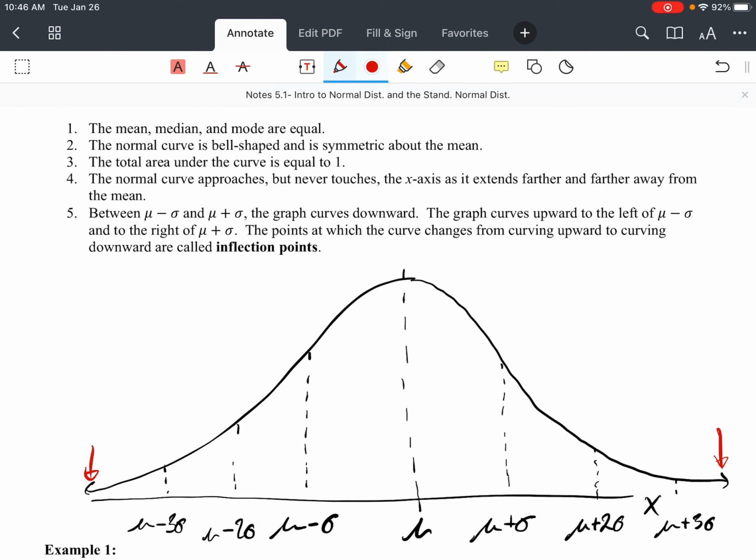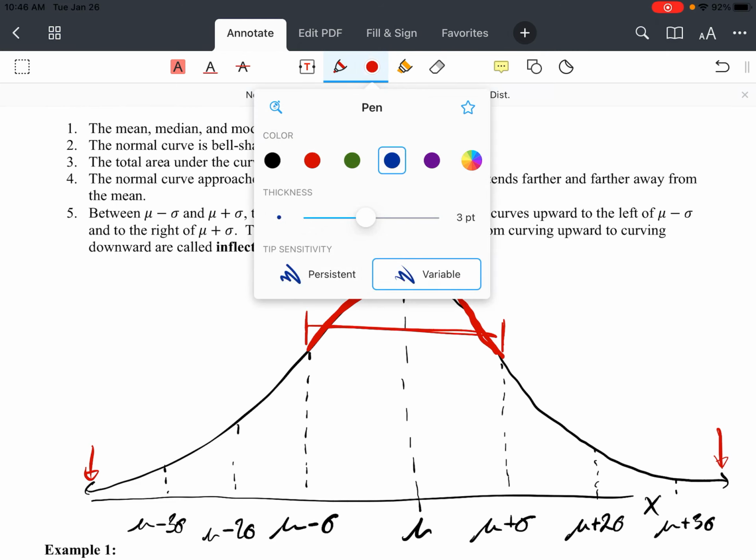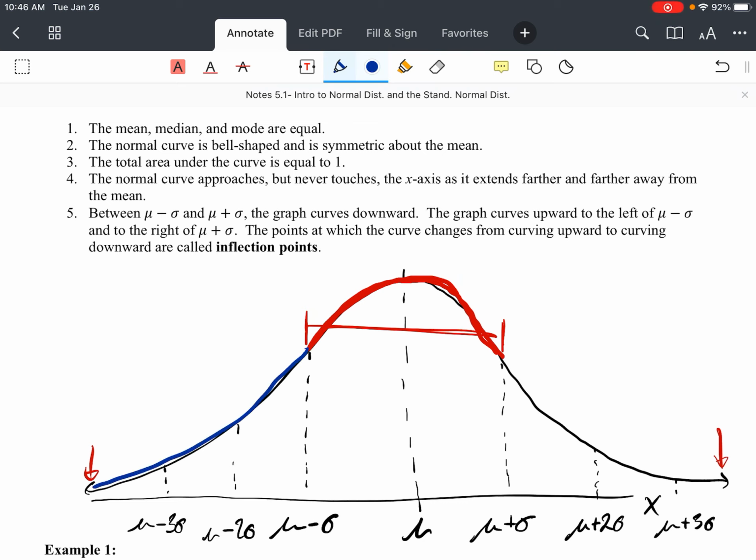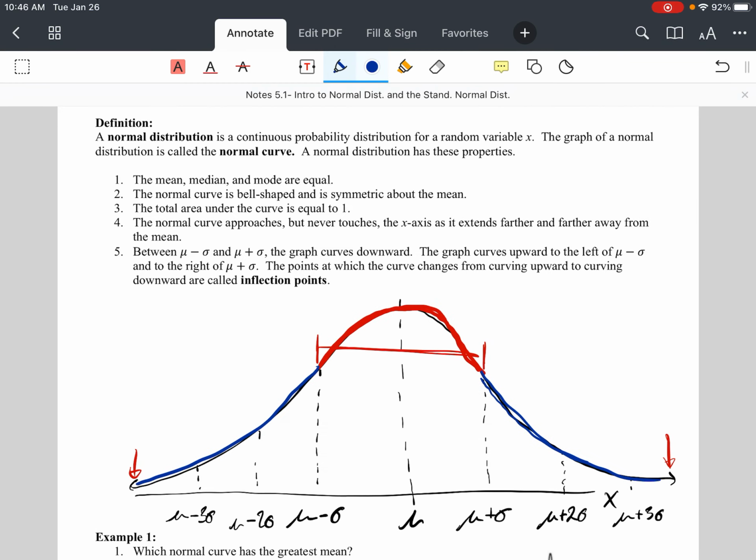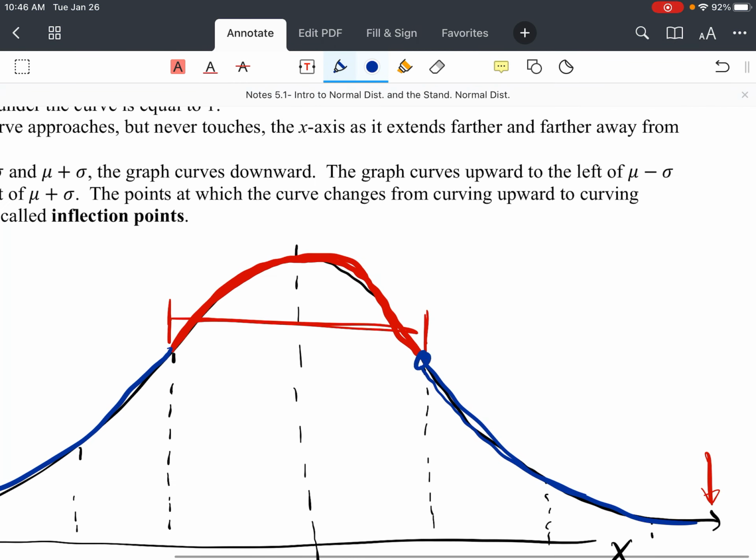And then finally, between the standard deviations, so between the first standard deviation, between this and this, my curve curves downward. So we have this parabolic curve where, to the left and to the right, the curve faces upward. Notice that both of these hit at this point.